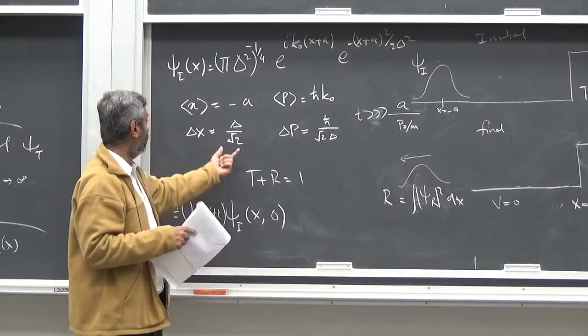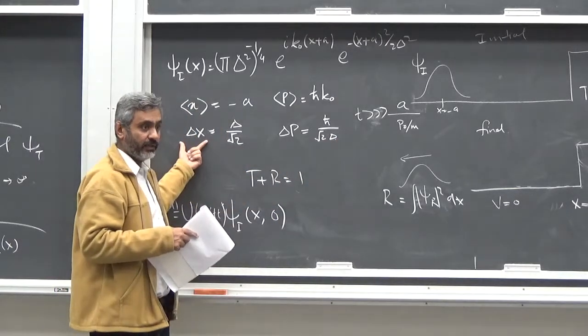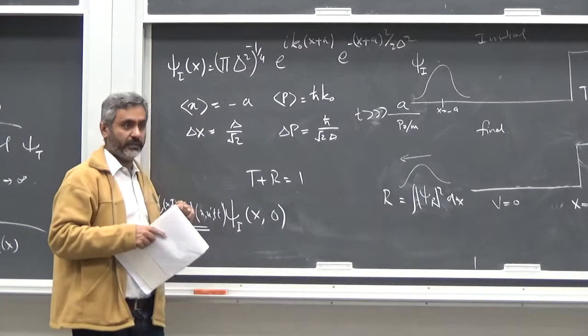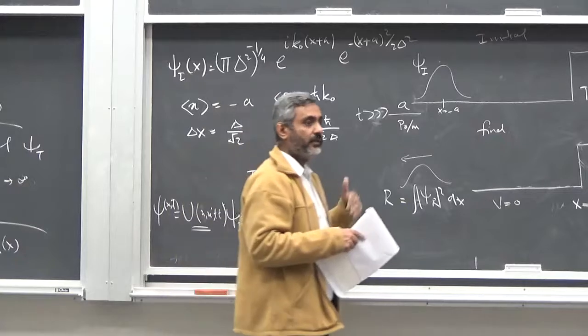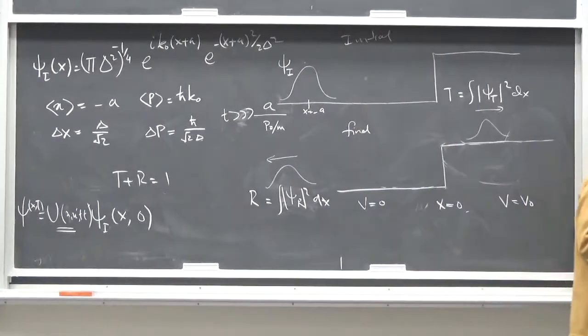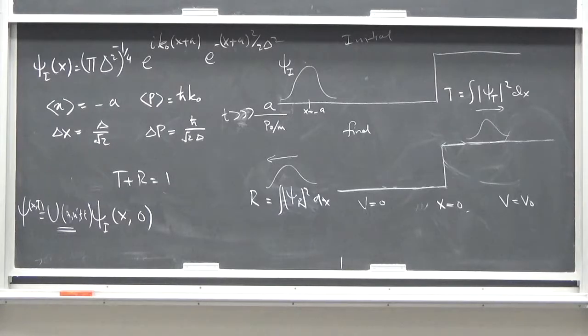If delta is very large, then delta x is very large. ठीक है? आप दोनों चीजें नहीं कर सकते। अगर आपने अनसर्टेनिटी मोमेंटम कम करनी है तो पोजीशन में ज्यादा करनी पड़ेगी। ठीक है?